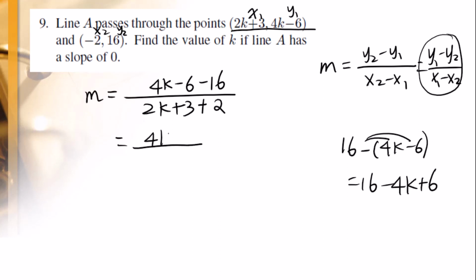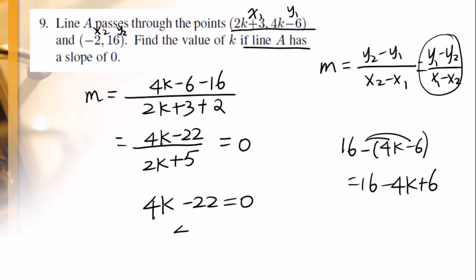Simplify: (4k minus 22) over (2k plus 5). If line A has a slope of 0, for a rational expression, equals 0 means the numerator equals 0. So 4k equals 22. Divide by 4 on both sides. k equals 22 over 4, which is 11 over 2.